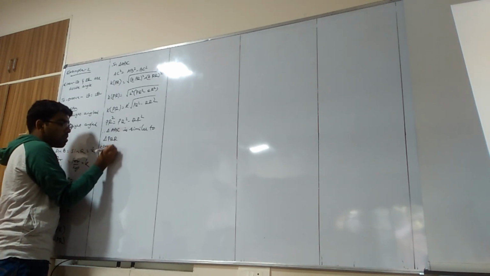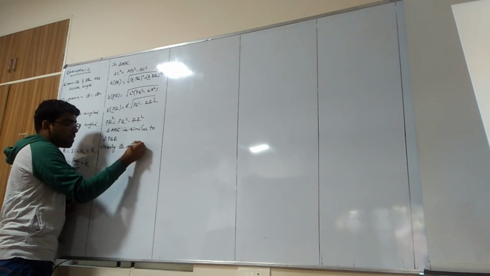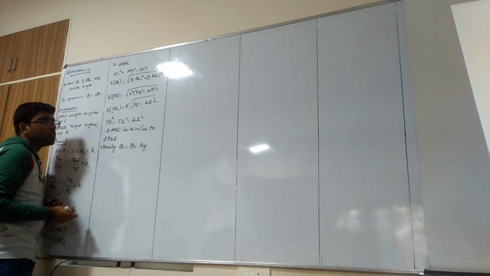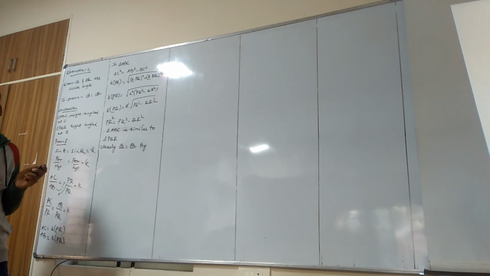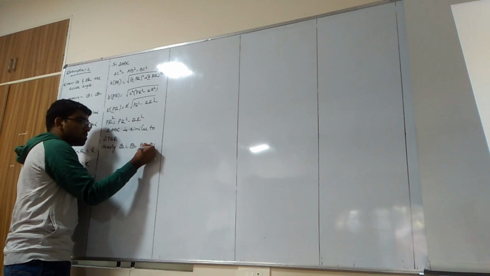Clearly, angle B is equal to angle Q. Right angle we took, hypotenuse we took, one side. RHS.